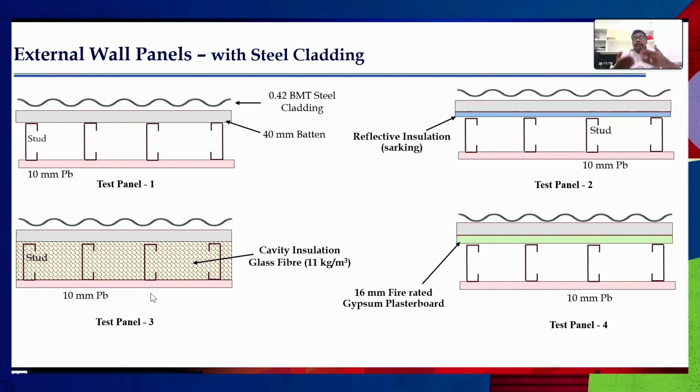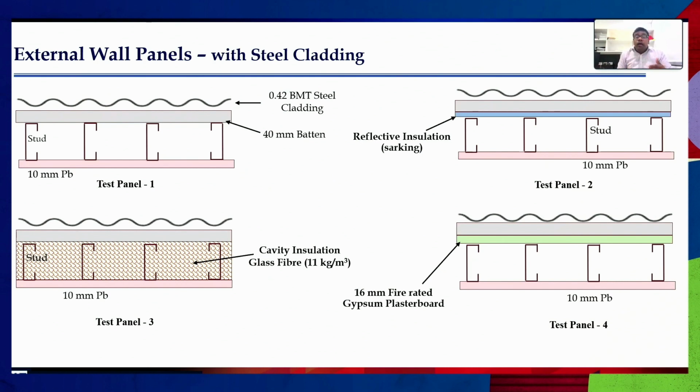Right. Now the next section, or the second part of this project, is: how do we have the steel cladding on the building and the building can survive? For that, we have come up with 4 different steel configured wall panels, where in all the cases we have the steel cladding on the external surface.